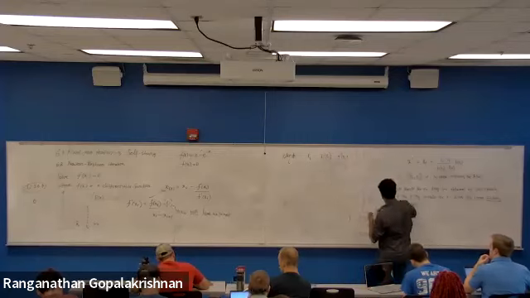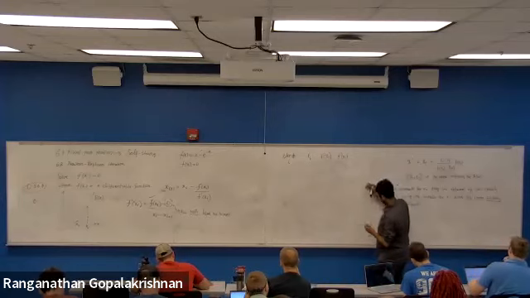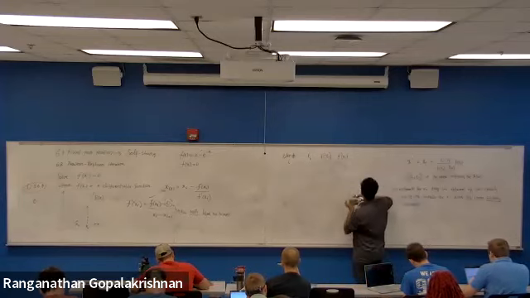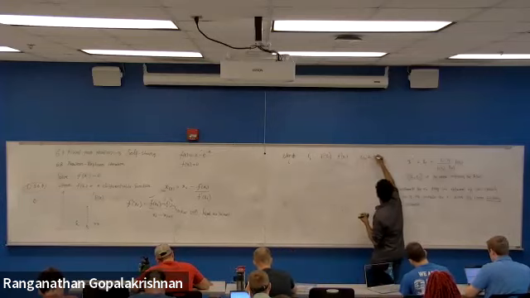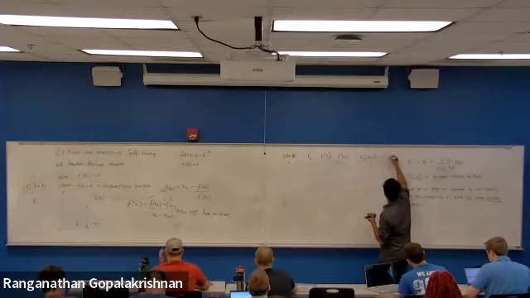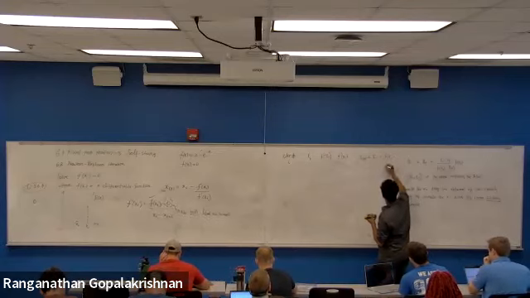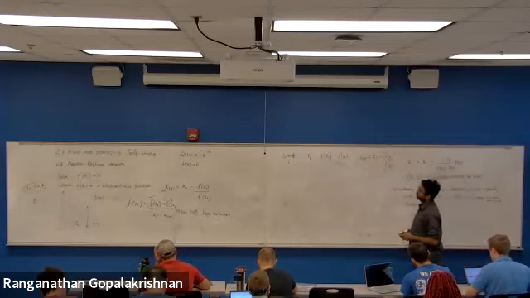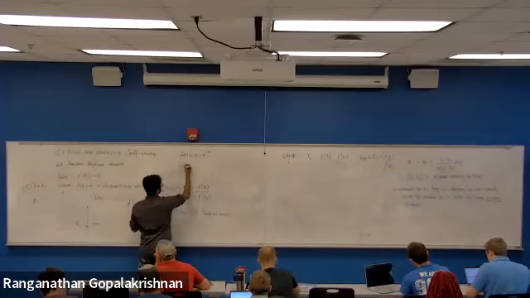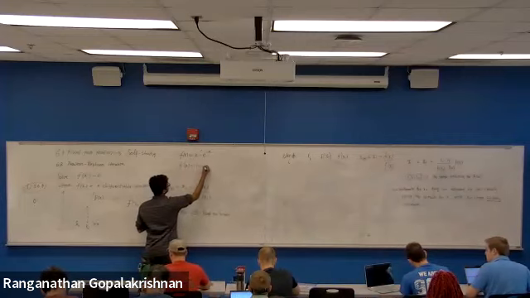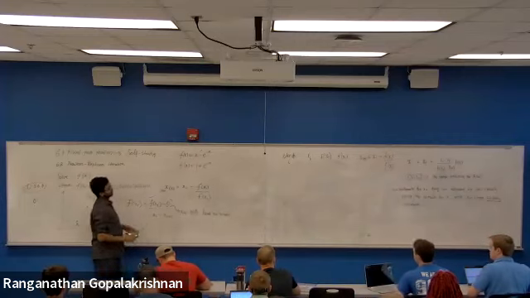And then finally, I can calculate xi plus 1 equal to xi minus f of xi divided by f dash of xi. So what is f dash of x? It is 1 plus e power minus x.